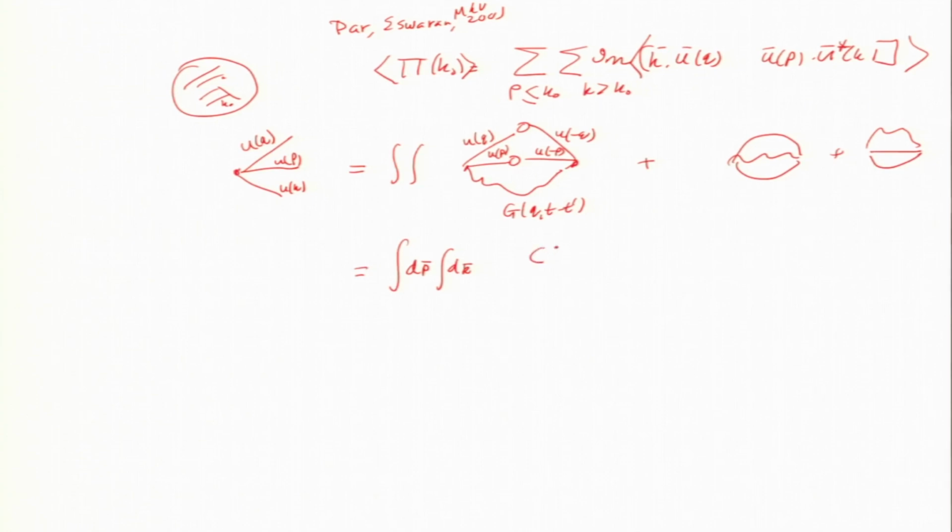So, there are 2 correlation functions, C of p, C of q, t minus t prime, and the Green's function of k, t minus t prime, integral dt prime from 0 to t.